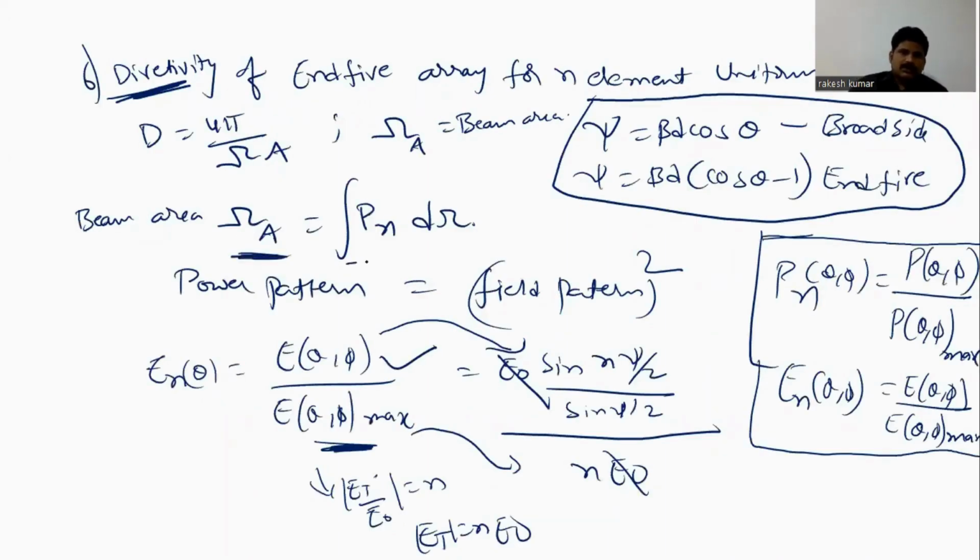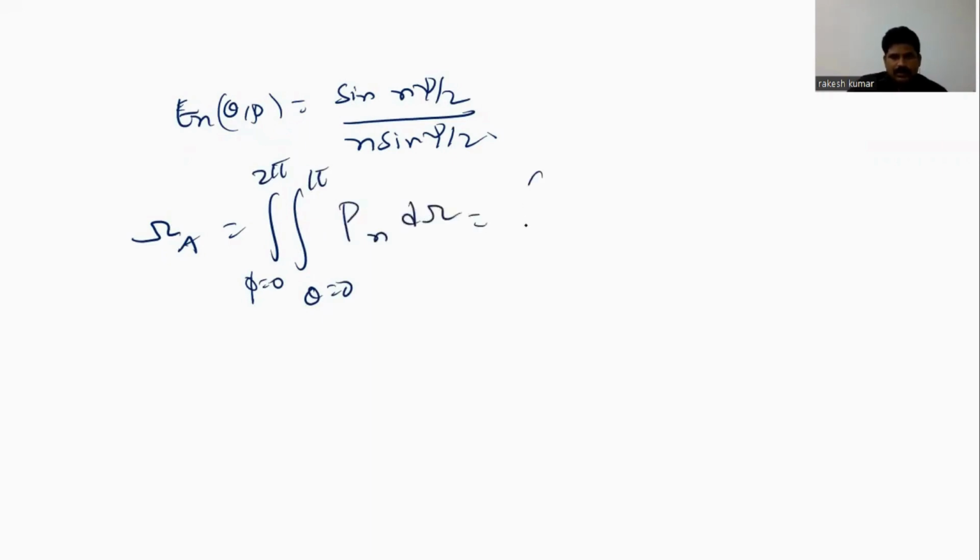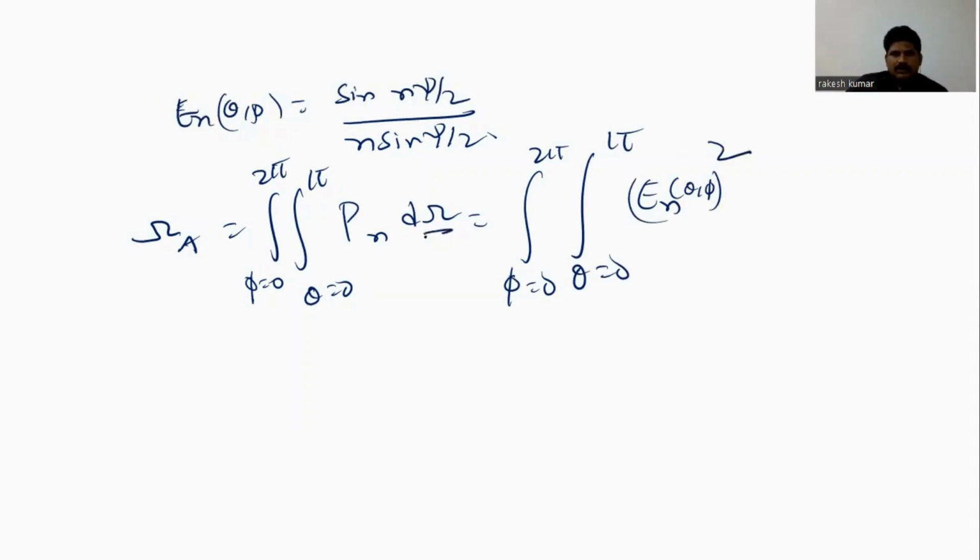Beam area is equal to the integral of p n into d omega. Therefore sigma A is equal to the double integral, phi ranging from 0 to 2 pi, theta ranging from 0 to pi. In place of p n, we can write n of theta comma phi whole square into d omega. The value of d omega is sin theta d theta d phi.